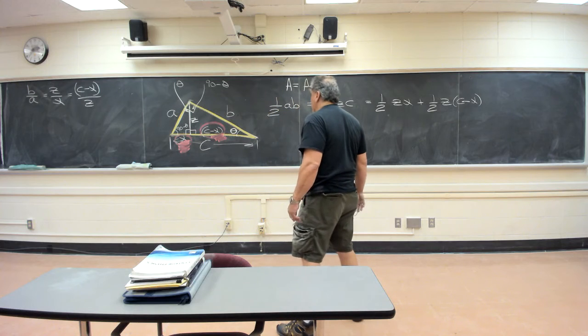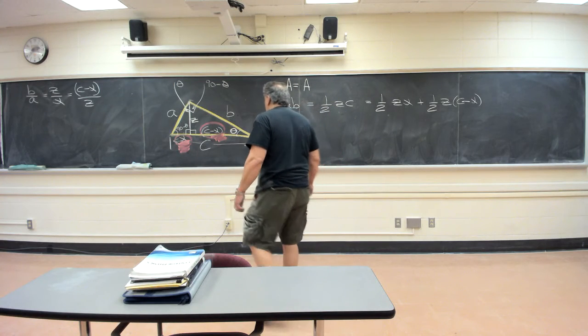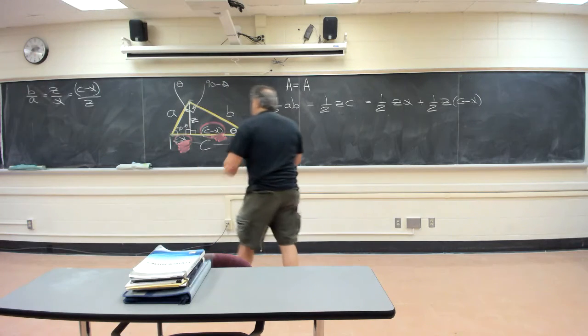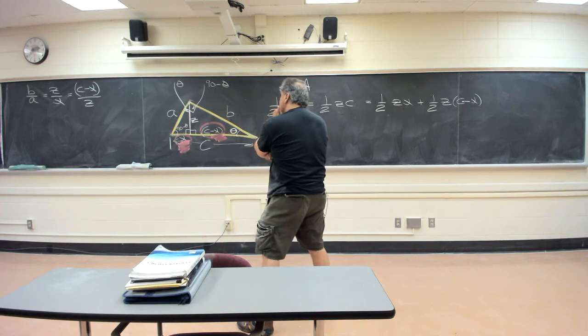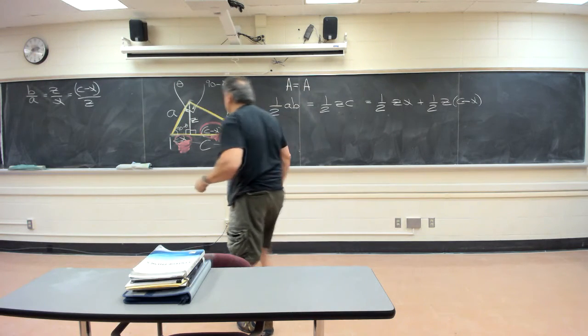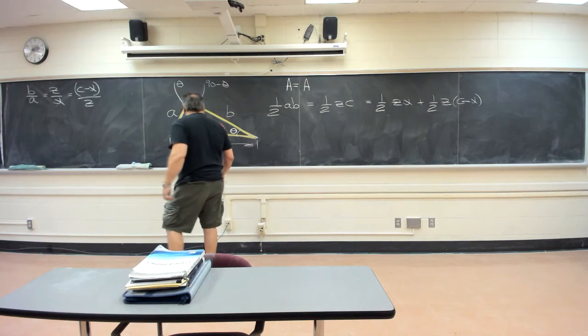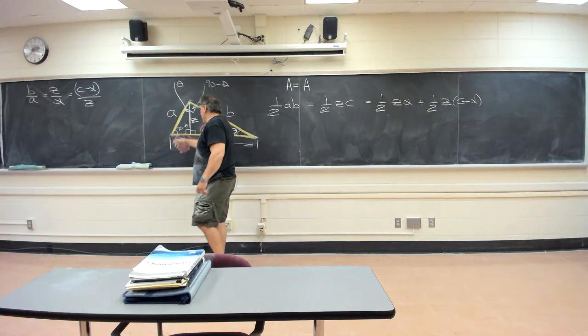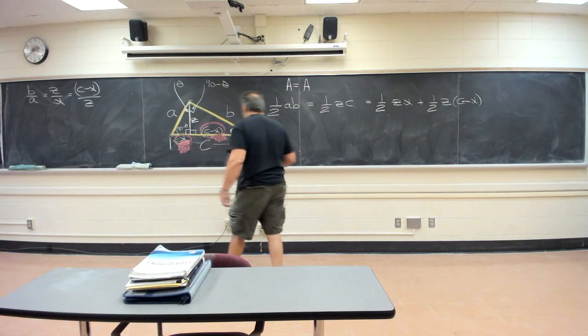C minus X. So I tell you what I'm going to do. Let me try to find the area of this triangle, then the area of that triangle, and then add the two triangles together.